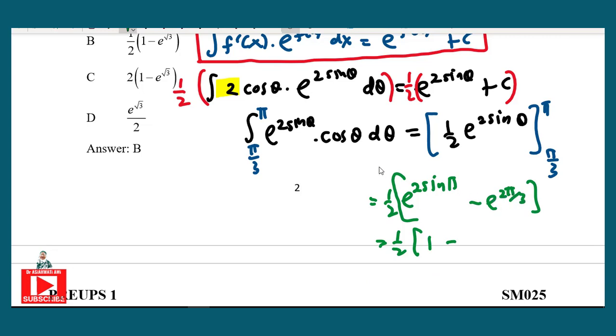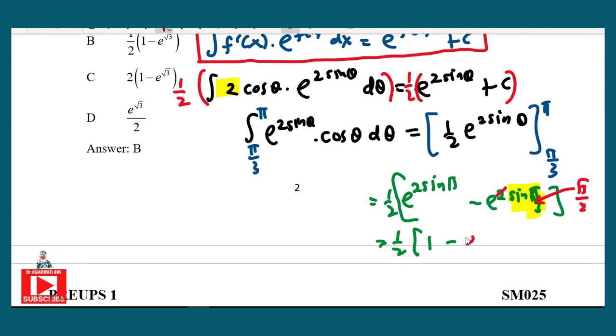I think this one has sine: 2 sin pi over 3. Sin pi over 3, sin 60, is equal to root 3 over 2, times 2.